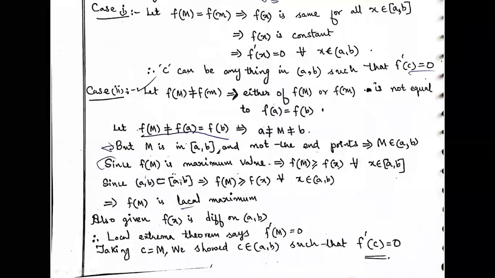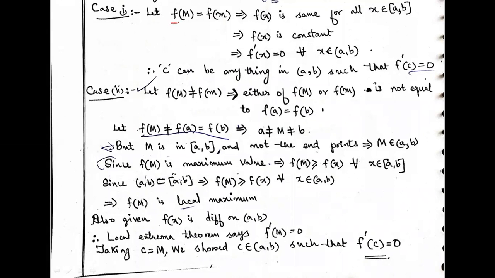Now take the first case. In the first case, let f of capital M be equal to f of small m. Then f of x is the same for all x belonging to the closed interval [a, b]. So f of x is constant, and f dash of x is equal to 0.